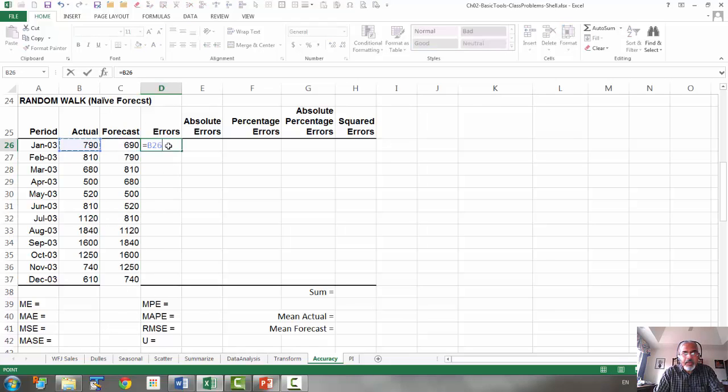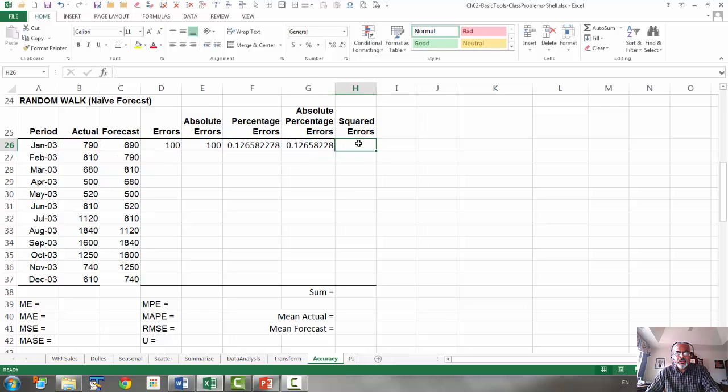Then we have error, actual minus forecast, absolute error, percentage error would be error divided by the actual. Absolute percent error is absolute error divided by the actual, and squared error is error squared. Okay, so now copy that.